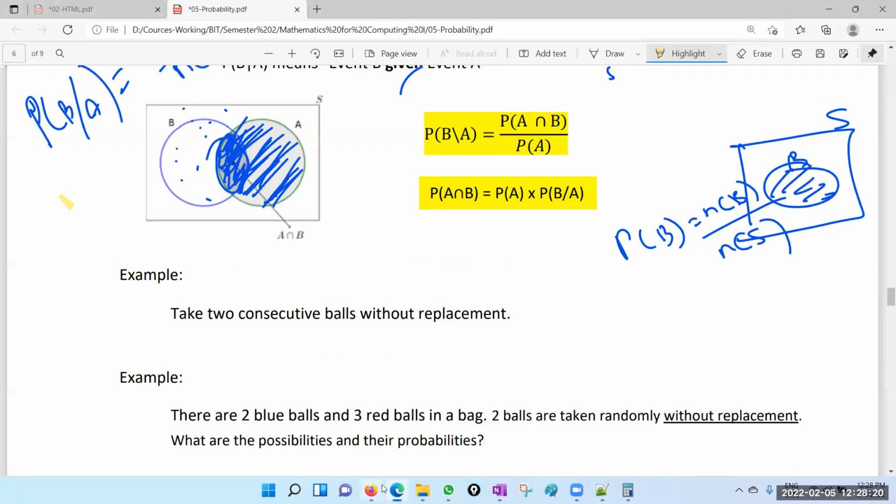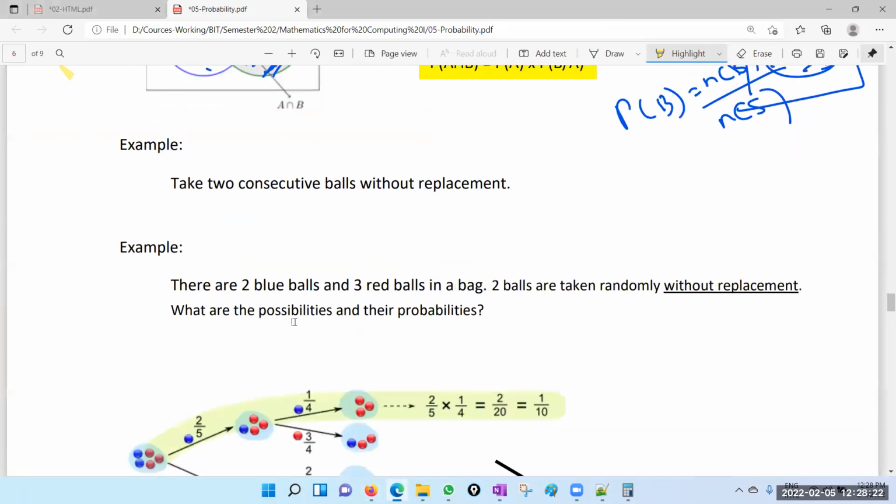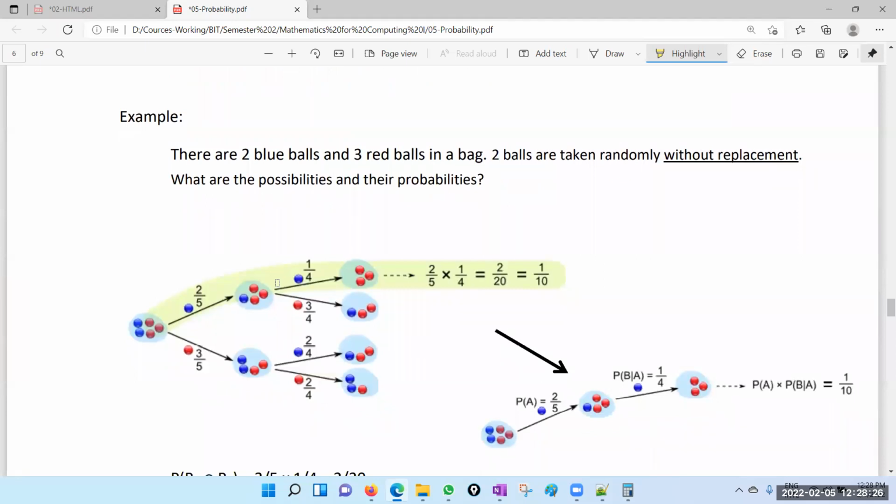Okay, right. So we are going to do the same experiment that we discussed last time, but this time we are not replacing the ball. When you take a ball, we just keep it. Now you can't say that the second take is independent from the first take. No, because first time you have 2 blue balls and 3 red balls, right?